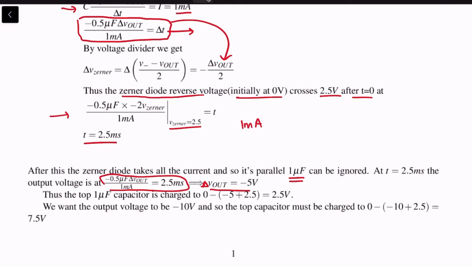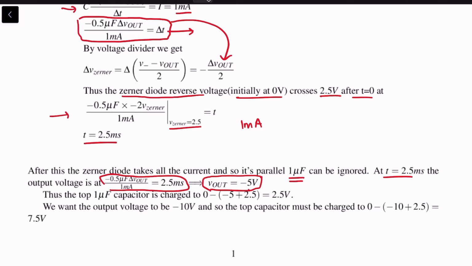And since V out started at 0, delta V out just means how much V out has changed. So the value of V out at t equal to 2.5 milliseconds is minus 5 volt.